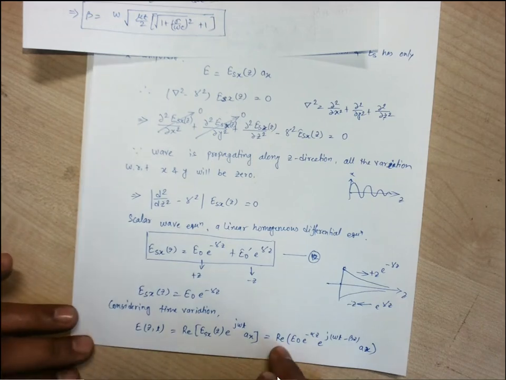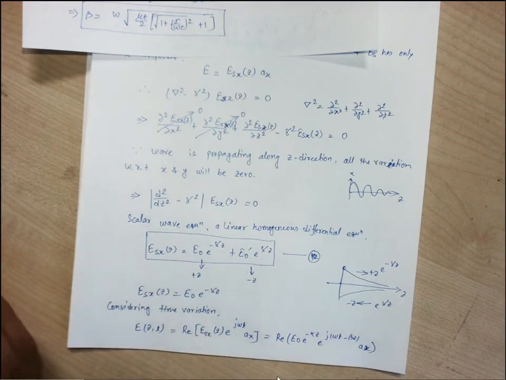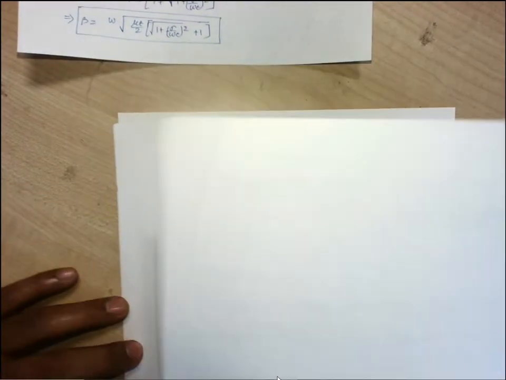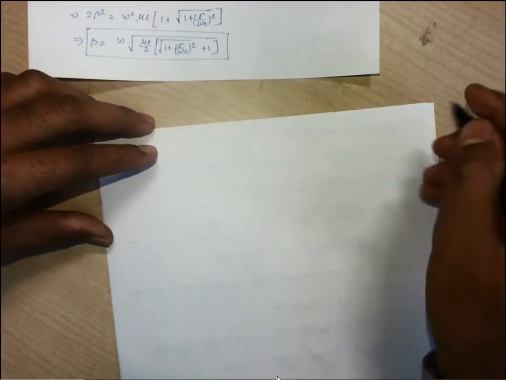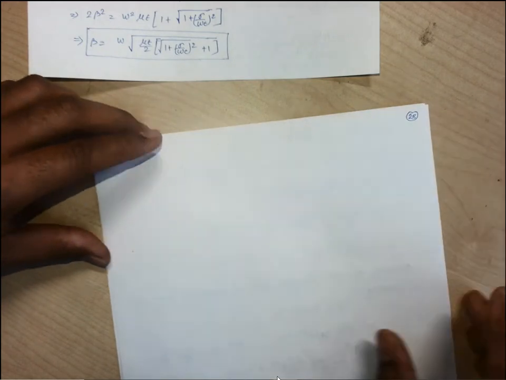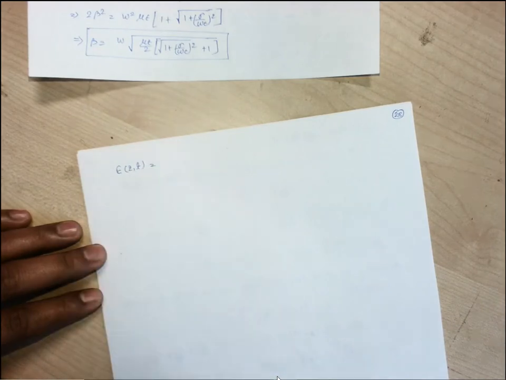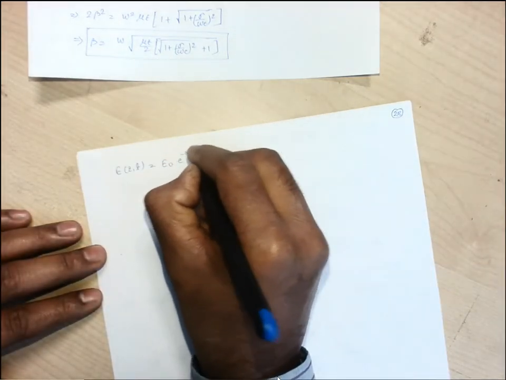So if we have been taking the real value, then we need to go with the x cos component. So we can write this as E0 e to the power minus alpha z.